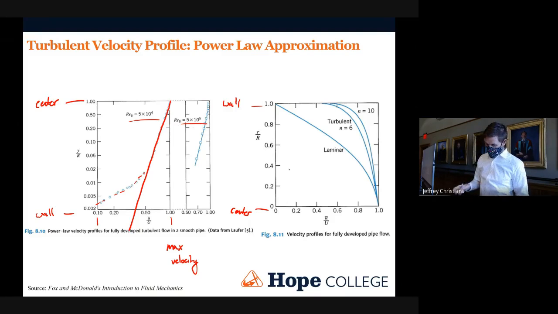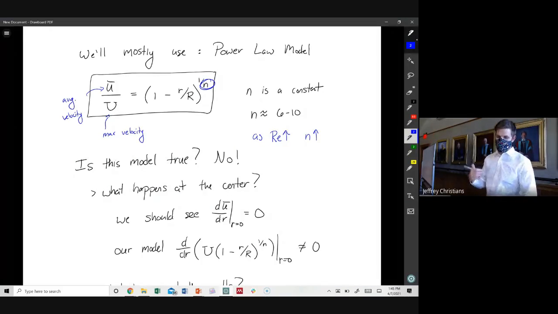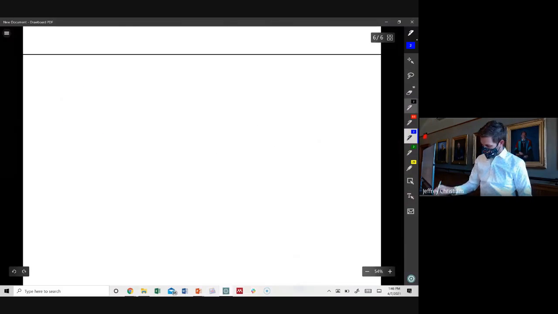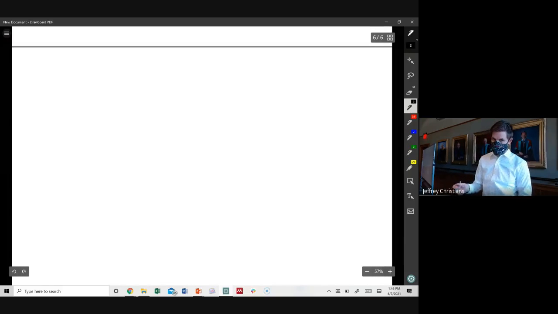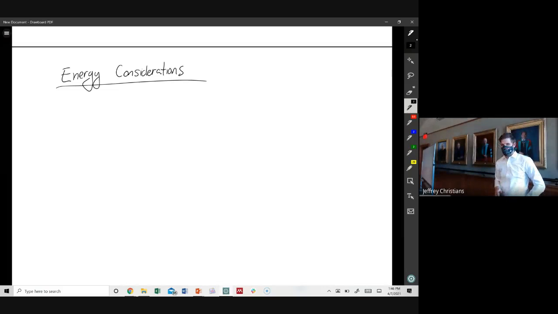Okay, so we are going to be jumping into more detail next time into energy and pipe flow, but I just want to define two terms. We'll call this energy considerations, just to define terms that we'll dig into a little bit more next time.